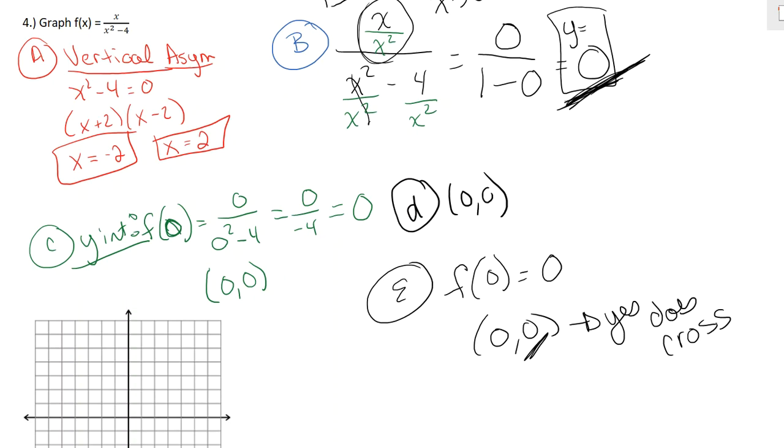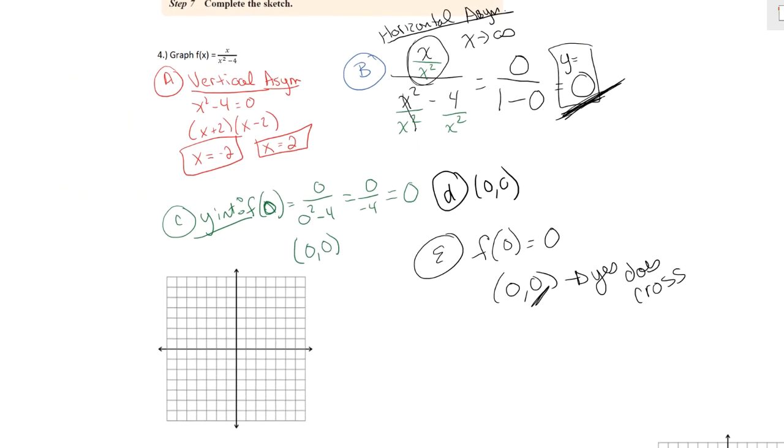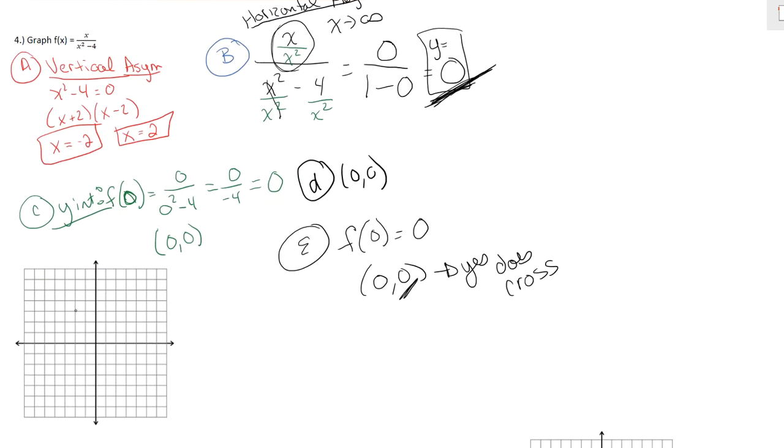Before we get to part 6, I'm going to start sketching a couple things. I want to sketch our vertical asymptotes. And I'm also going to sketch real quick our horizontal. If I had an oblique, I'd also do that.